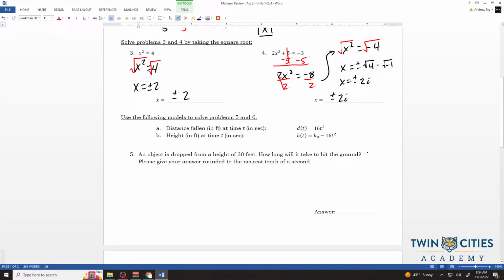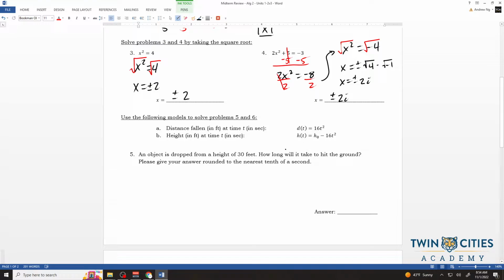All right, next one. Use the following models to solve problems 5 and 6. So I've got model A, the distance fallen in feet at time t in seconds is d of t equals 16t squared. And model B, the height in feet at time t in seconds, is h of t equals h naught minus 16t squared.